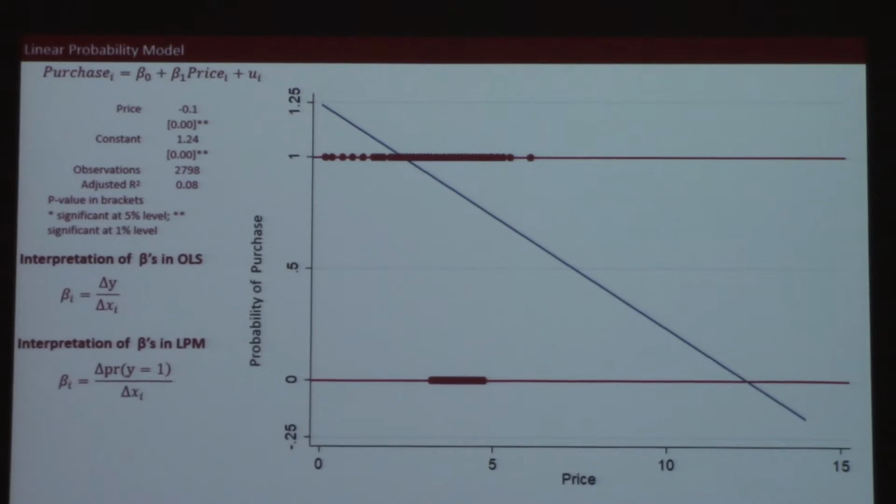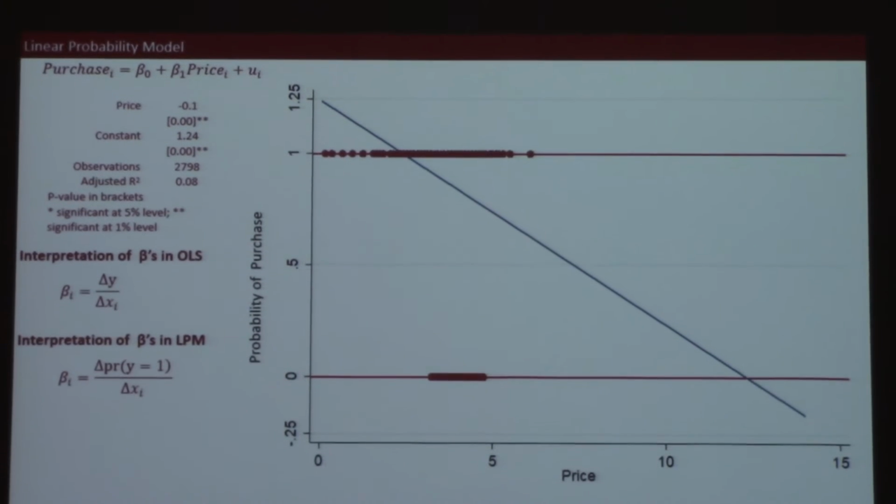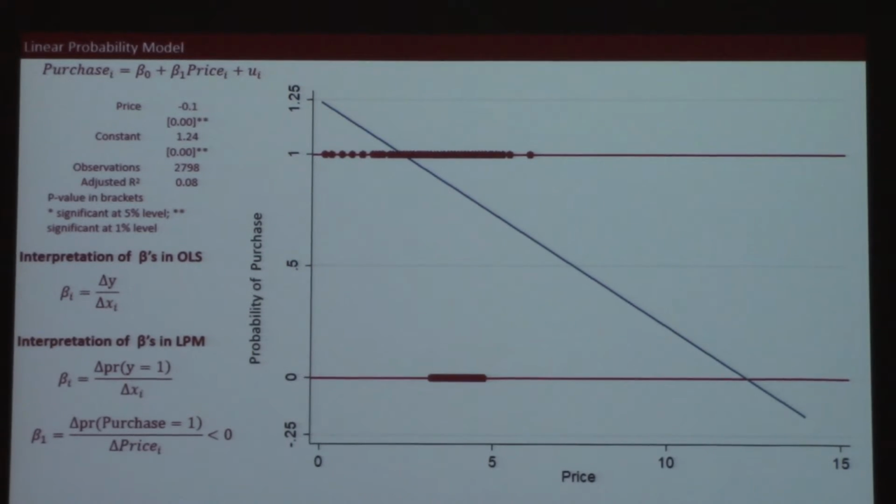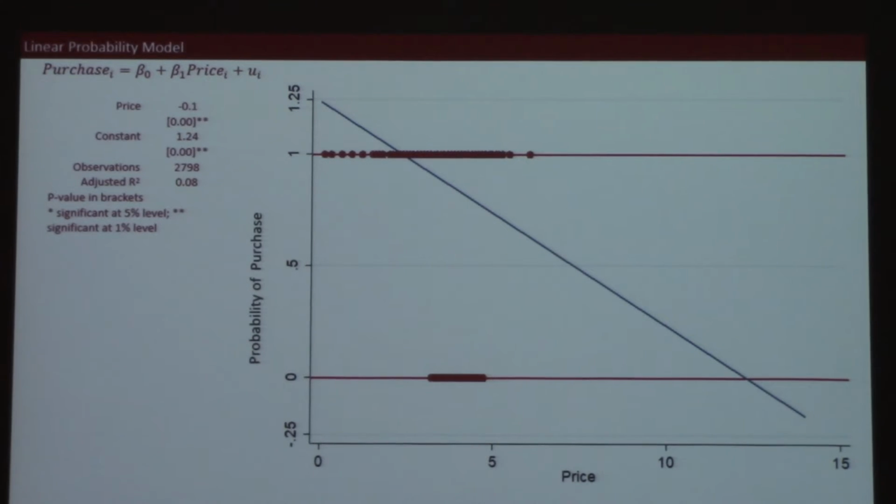Mostly for a couple of reasons, but do you see any glaring problems with this? What would bother you about this? Remember, what we're talking about is the probability of purchasing. We can do kind of the same analysis at a price of $5.